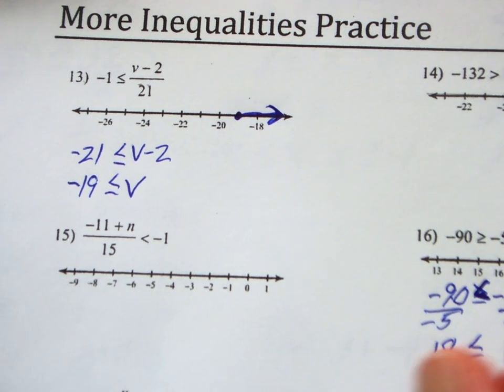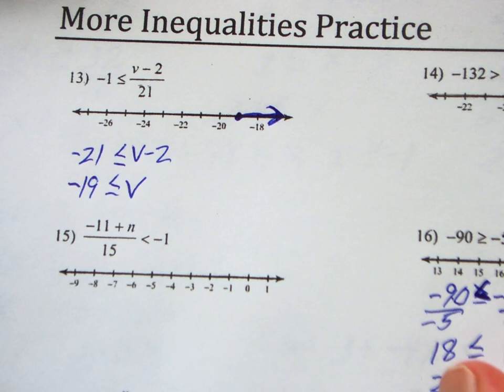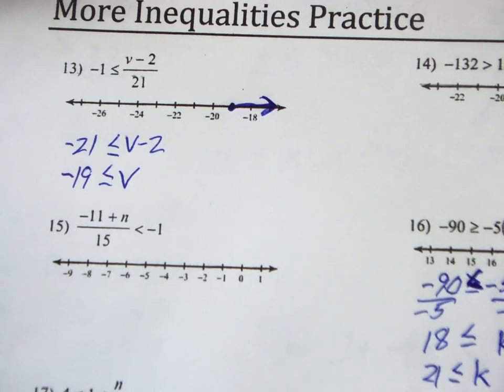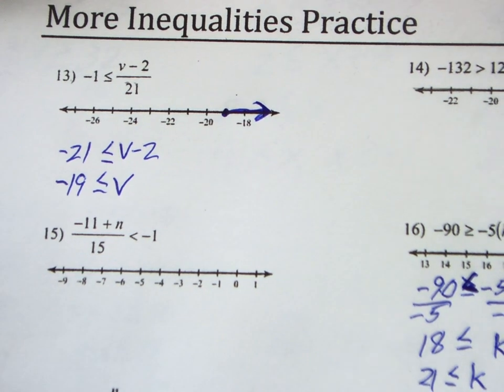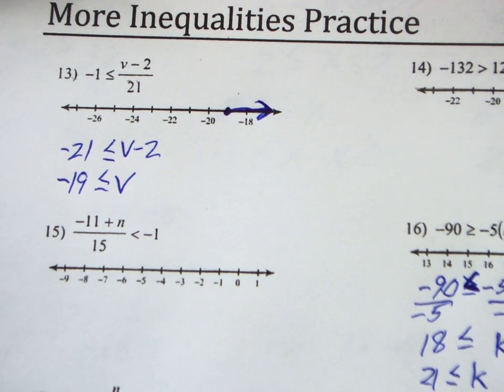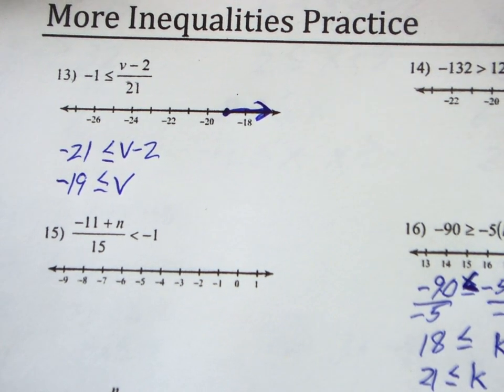Now we add 3, we get 21 is less than or equal to k. Sorry, 21. K is greater than or equal to 21. There we go.